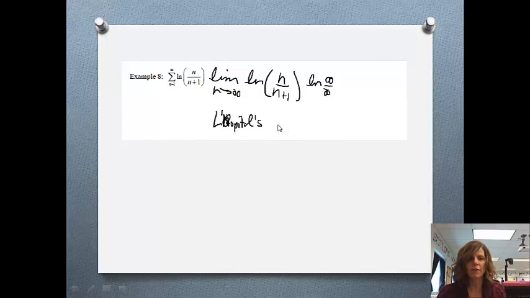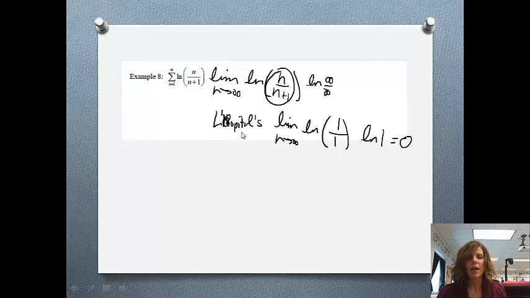If I do that, we'll get the limit as n approaches infinity of the natural log of, taking the derivative of what's inside the fraction, 1 over 1. So we'll end up getting the natural log of 1, and the natural log of 1 is equal to 0.